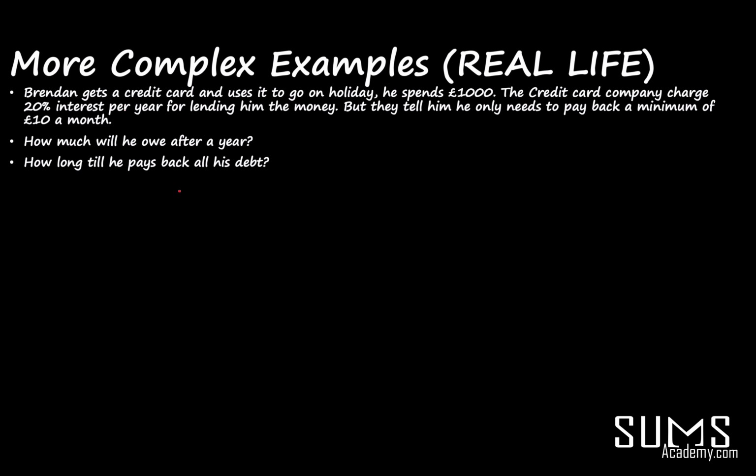Okay, so again, I'll put debt 0 is equal to £1,000. Then the interest is 20% per year. So we know it's getting more, so that's going to be 1.2 times whatever this is, and then I'm going to pay back 10 pounds a month, and there's 12 months, as we all know, so that's 120 pounds a year.